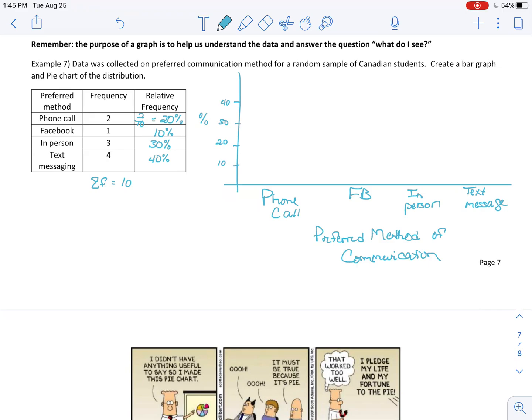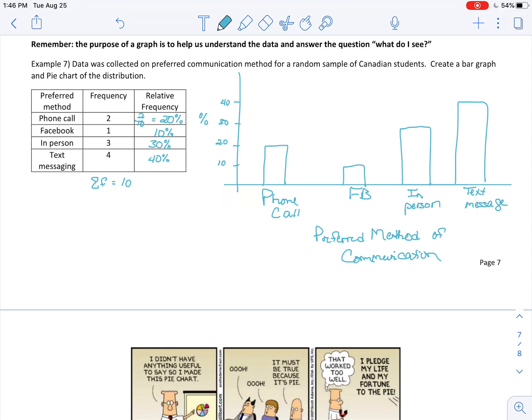What really matters is that you keep these bars looking as similar as possible in width, because you're just trying to represent the height. You're not trying to say, oh, look how big this one is. You're trying to say, well, look how frequent that answer was given.